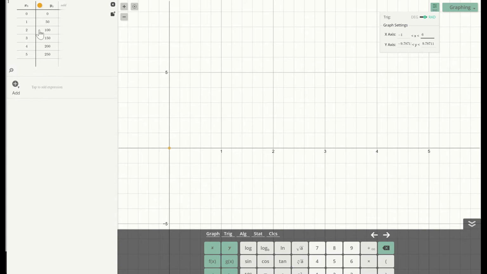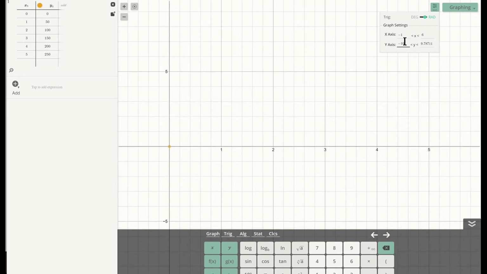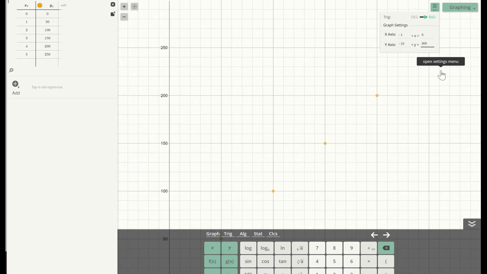The y-axis, I need to go from 0 to 250, so I'll start a little bit below. So let me do Control A, so I go from -10, and here for the max, again hit Control A or Command A to highlight it all and just type maybe 300. Okay, that should be great right there.